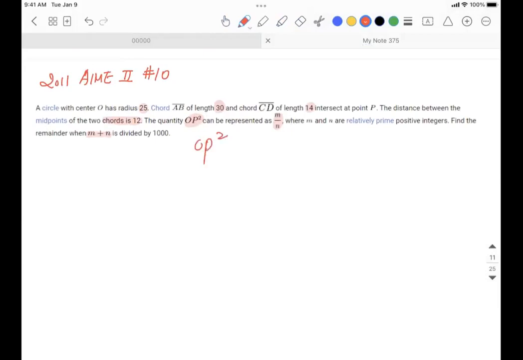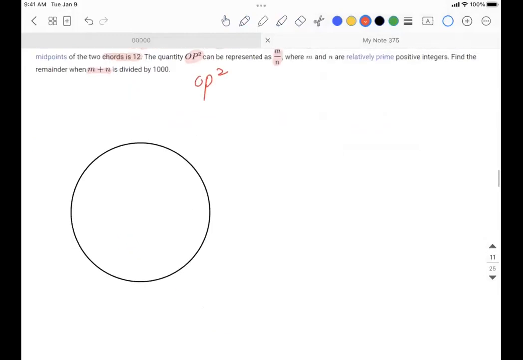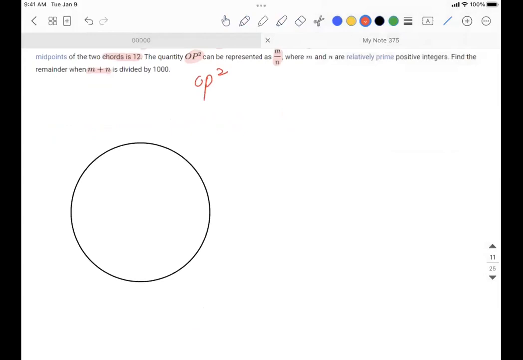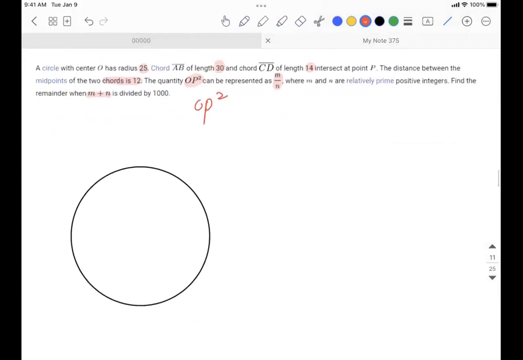Okay, let's have a nice graph, right? Like I keep saying, for all those geometry problems, as long as you have a nice graph, you're almost halfway through. I have a circle with chord AB and chord CD. AB is here, one chord of length 30.